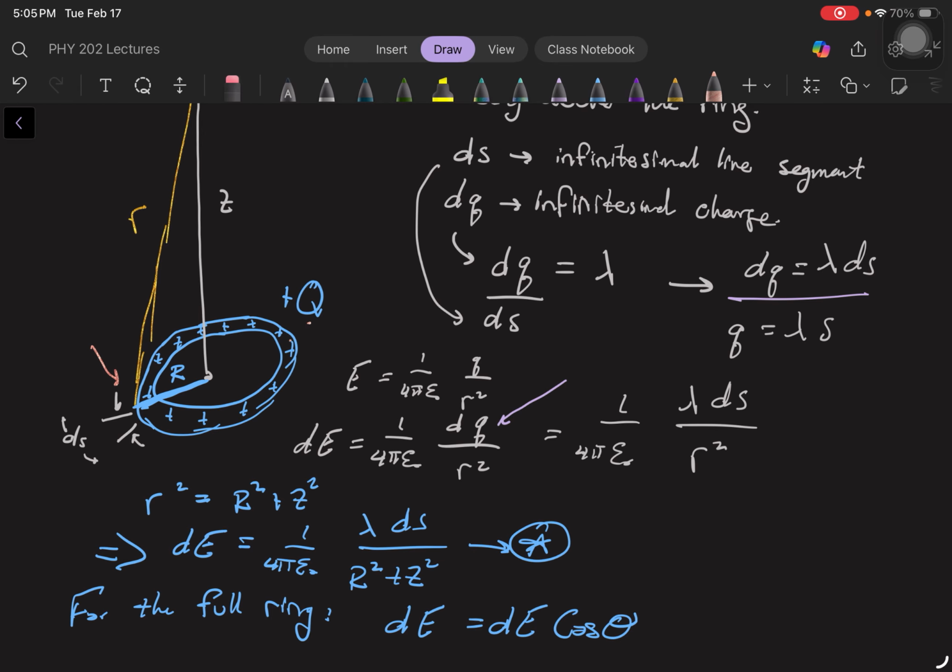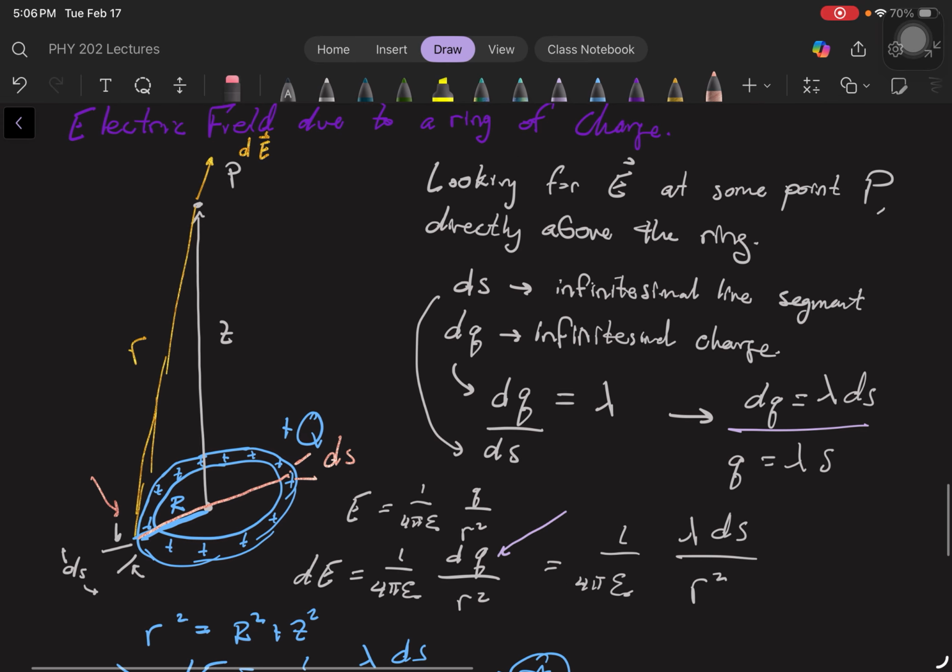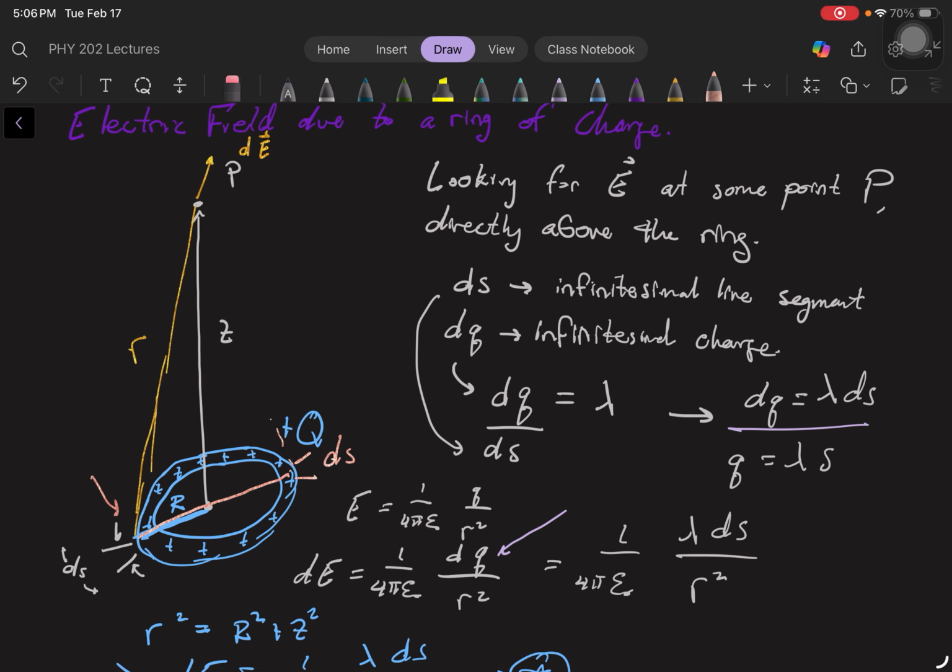But if we picked a different point ds directly opposite, it's going to have an electric field that points in this direction, such that we could say both the horizontal components cancel.